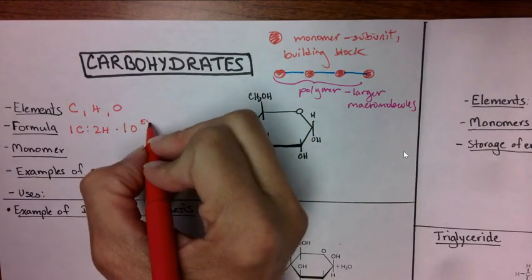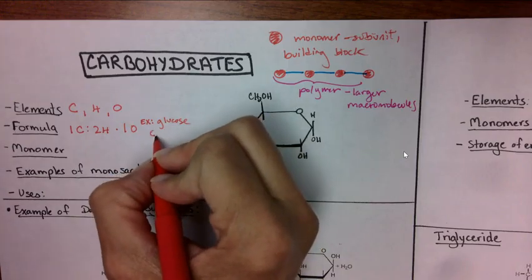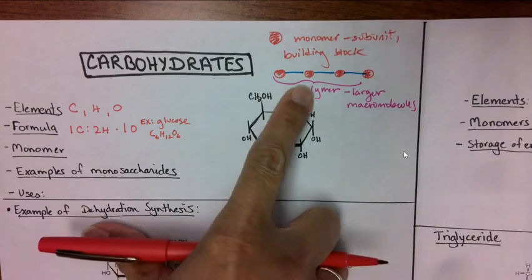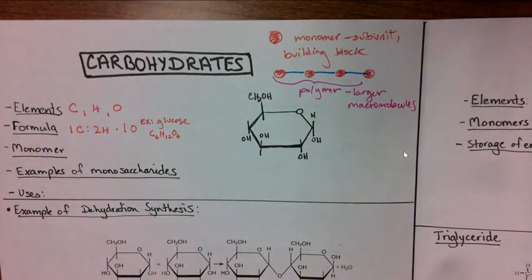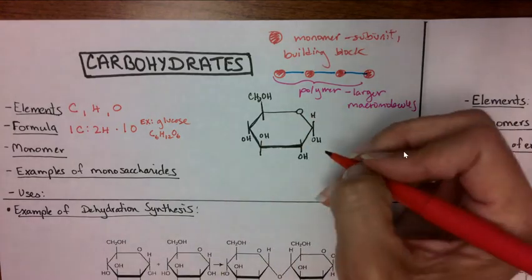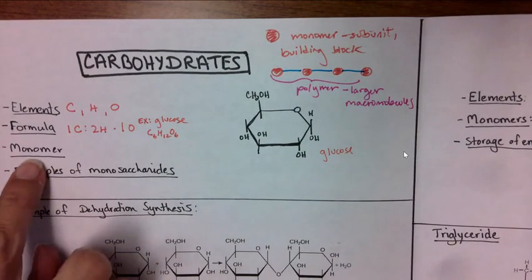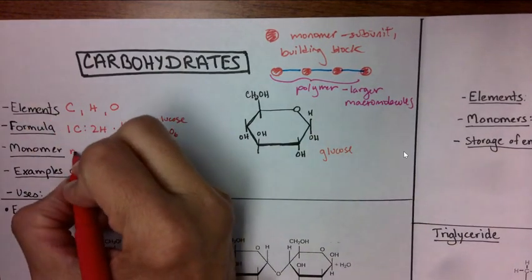For example, glucose is C6H12O6. Now, this is actually the molecular structure of glucose right here. And this is also an example of a monomer, or a single subunit, called a monosaccharide.